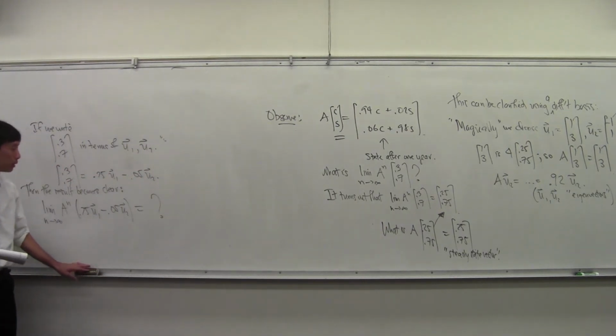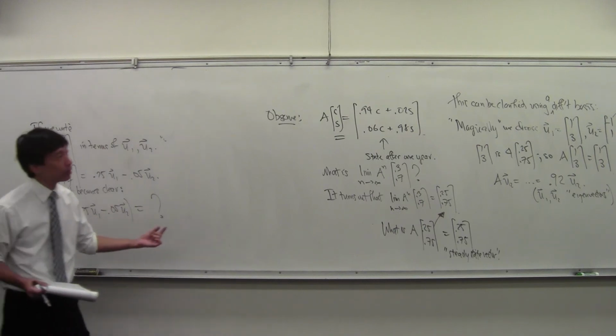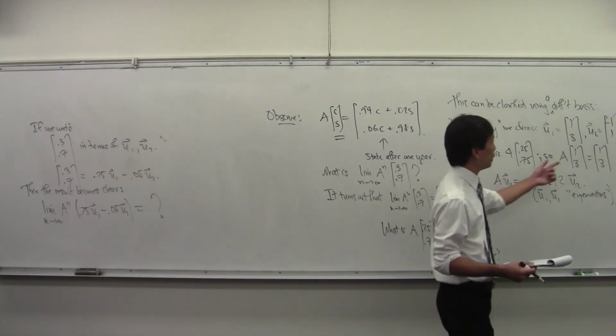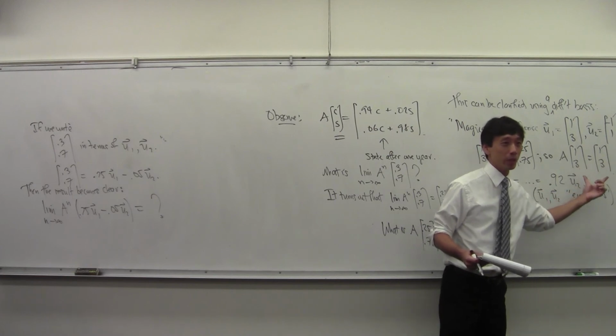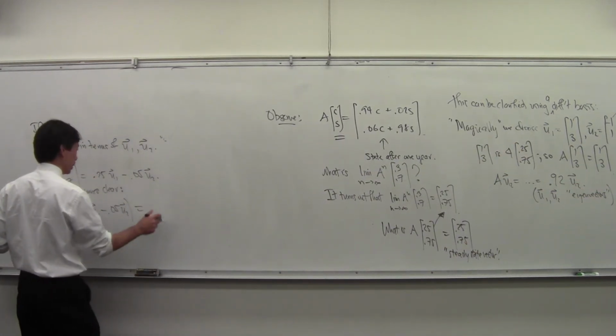Every time you apply A to this first part, A times 0.25 times U1, well, U1 doesn't change when hit by A. So what happens to that first part is nothing.